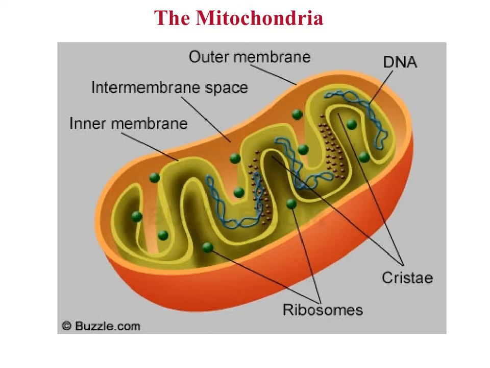learned that the mitochondria is a double membraned organelle, and remember that membrane is made up of an outer membrane of a phospholipid bilayer, and then the inner membrane is also made of a phospholipid bilayer.